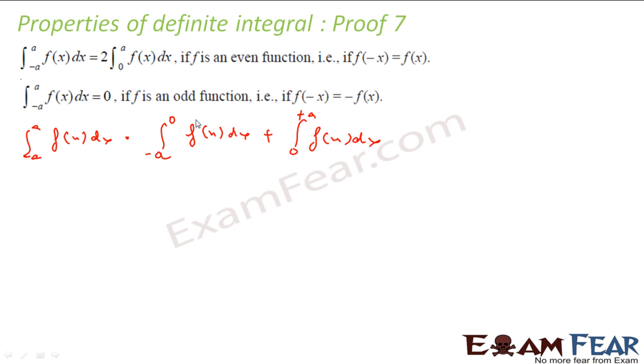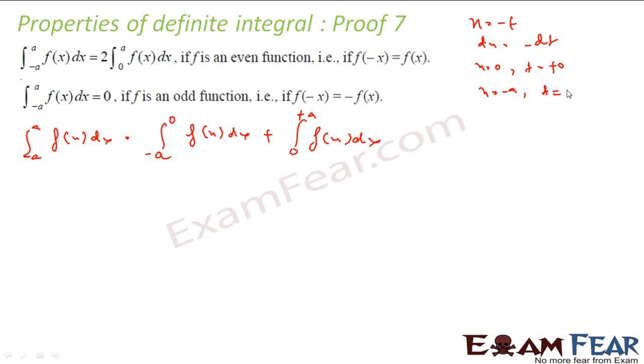So let's do some more thing on this. If I can convert this also into 0 to a form of some value here, my problem is solved. To this is minus, this is 0. So if I take x equal to minus t, this becomes a and this becomes 0, right? So if I take x equal to minus t, I get dx is minus dt. And if my x is equal to 0, t is equal to minus 0, is 0 only.